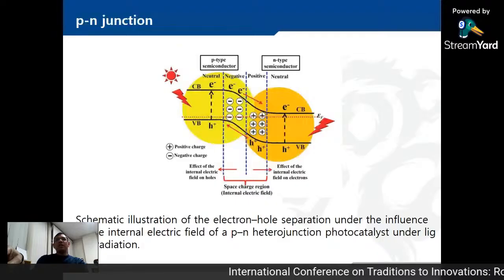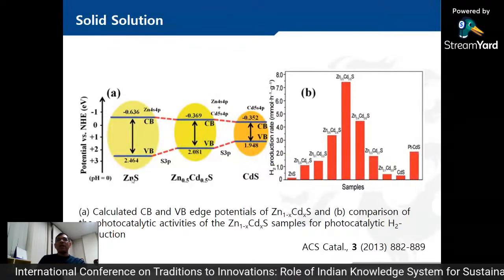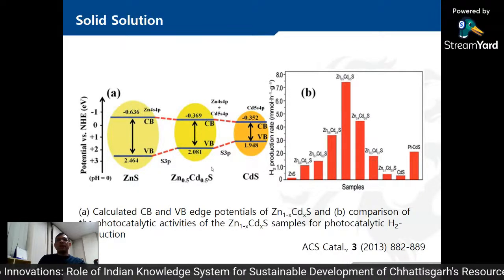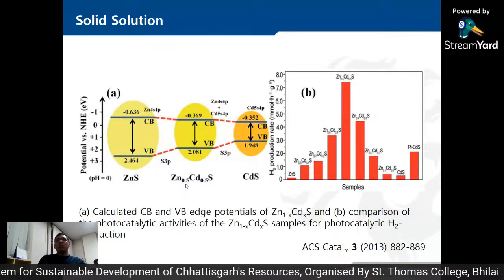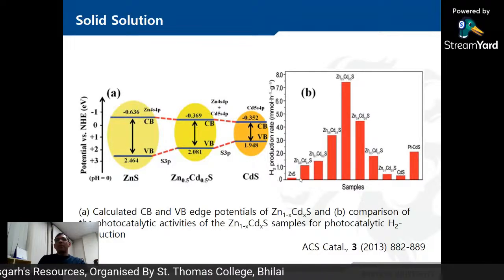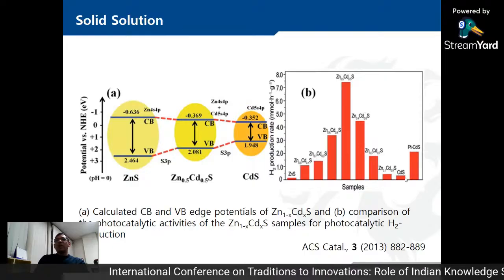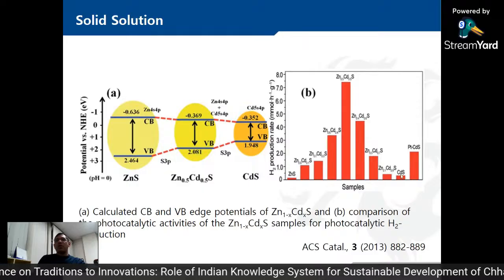And solid state reaction. Solid state reaction is nothing but, like, this is zinc sulfide and this is cadmium sulfide, and you prepare something like a mixed zinc cadmium sulfide. If you combine both, with 0.5 cadmium sulfide, as you can see here, pure zinc sulfide generates very little hydrogen gas in the photocatalytic reaction, and cadmium sulfide, since it is a visible light induced catalyst, can generate somewhat more photocatalytic hydrogen.